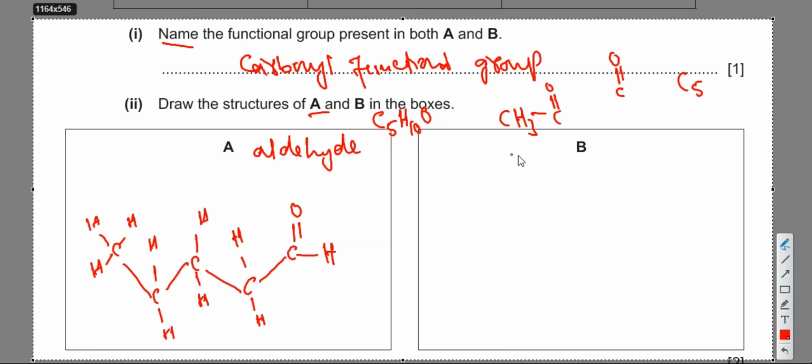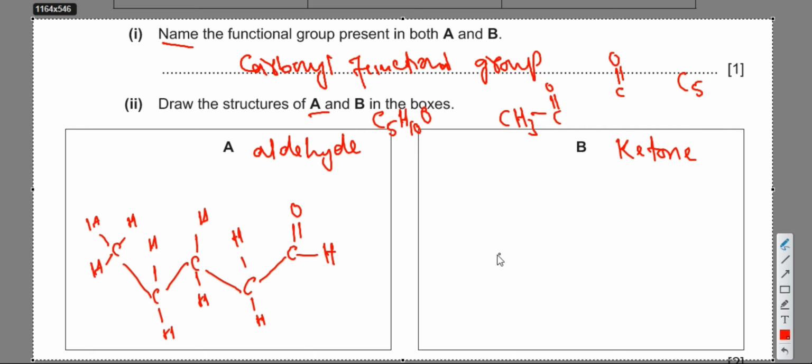Next he says that B was not an aldehyde, so it is definitely a ketone, because both A and B have carbonyl groups. If there is a negative test with Tollens reagent, then it is a ketone. But remember, the carbonyl group must not be at carbon 2.